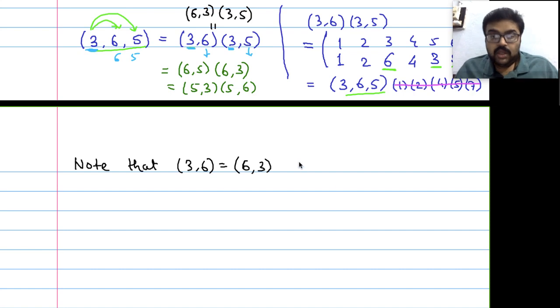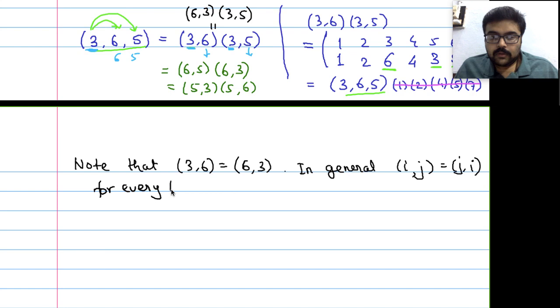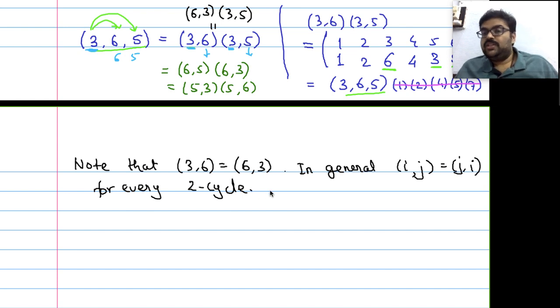So they are the same. In general, a 2-cycle (i j) equals (j i) for every 2-cycle, that is, a cycle of length 2. (i j) is the same as (j i), so it does not matter in which order you write it.